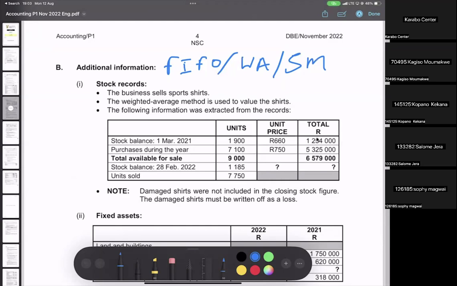The first thing we have to do is calculate the weighted average price. How do you do that?